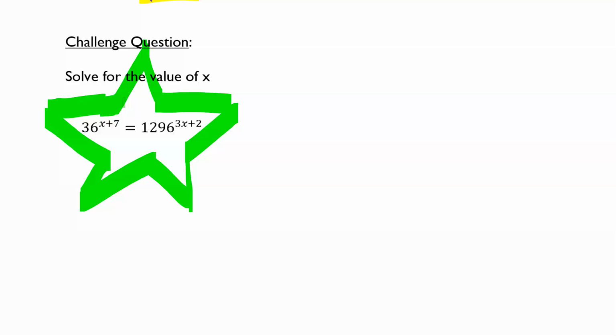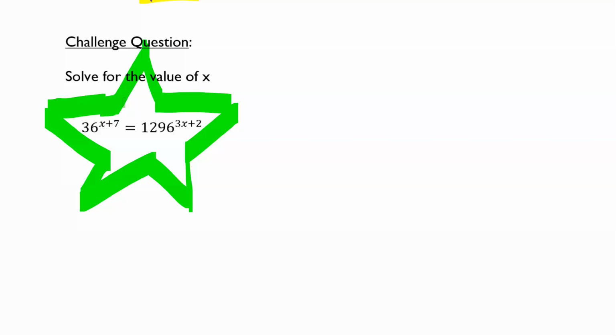Now, you're thinking, okay, 1,296. I don't really know the exponentials to be able to get to 1,296. Well, don't look at that. Okay, let's look at what are some numbers that will square or cube to be able to get to 36. Okay, think about what those numbers are. Could it be 2s? Could it be 3s? Could it be 4s?